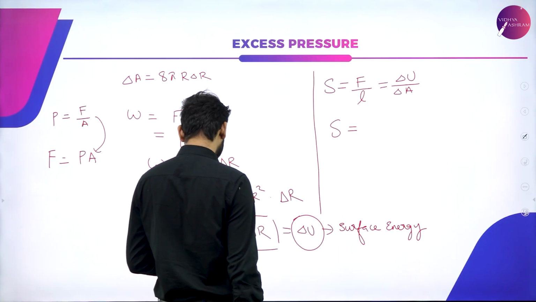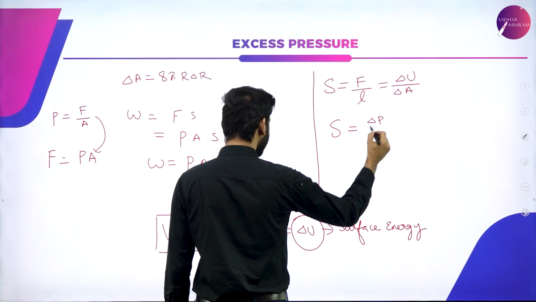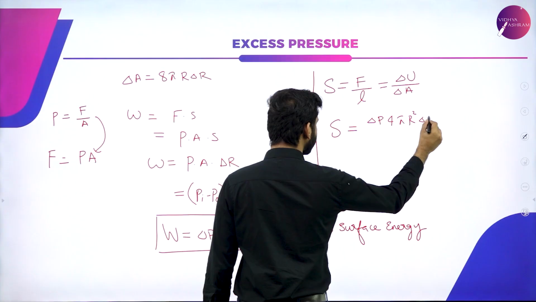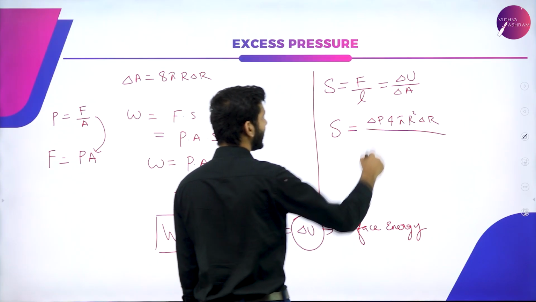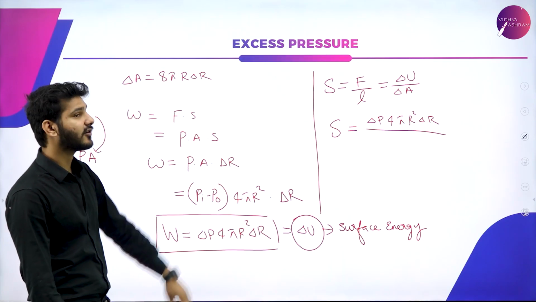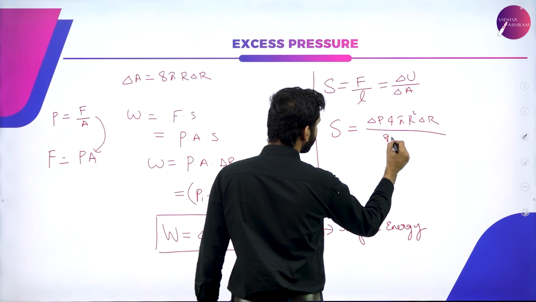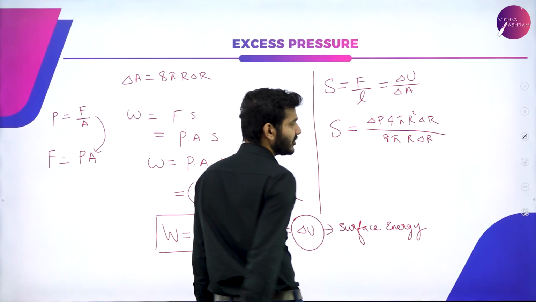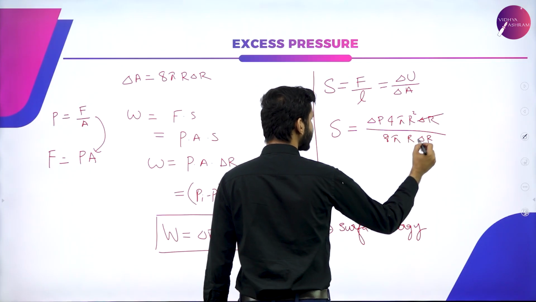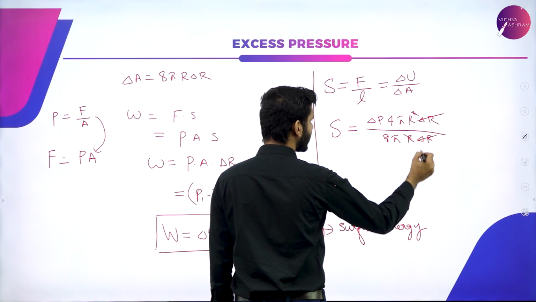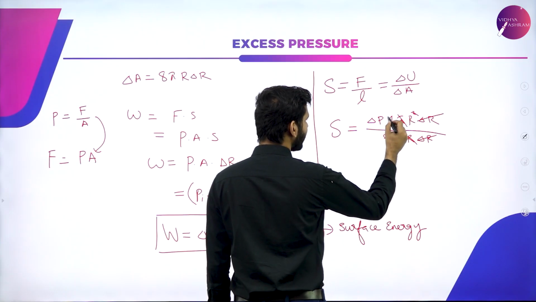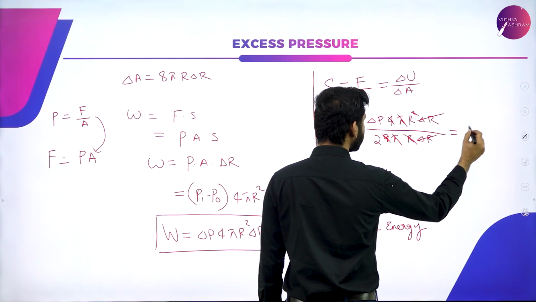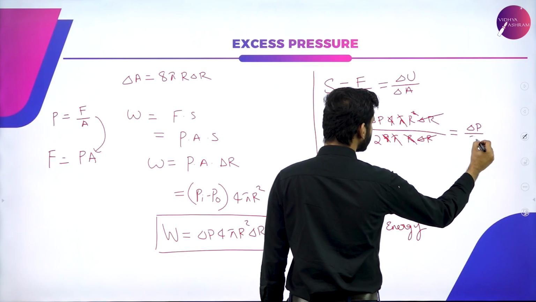S will be equal to ΔP · 4πr²Δr divided by ΔA. ΔA is already found, that is 8πrΔr. So you can cancel out all the similar terms: Δr and Δr, r² and r, π and π, 4 and 8, which means the only thing remaining is ΔP by 2.